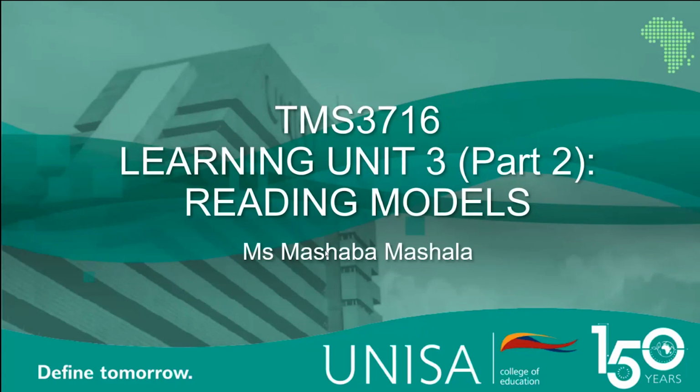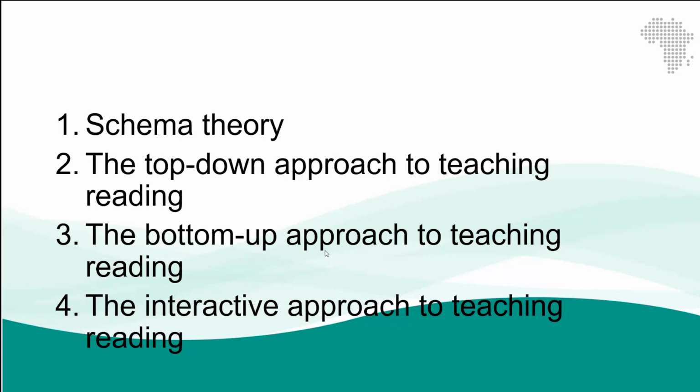TMS3716. Today we'll be looking at Learning Unit 3. As I mentioned before, I have divided the different learning units into different parts. So this is part 2 of Learning Unit 3, and we'll be talking about the different reading modules. The modules that we'll talk about today, the first one will be the schema theory.